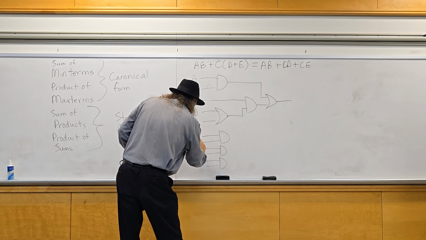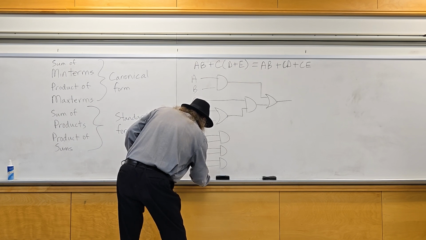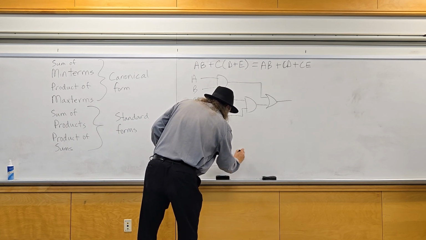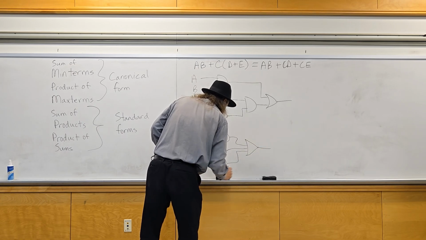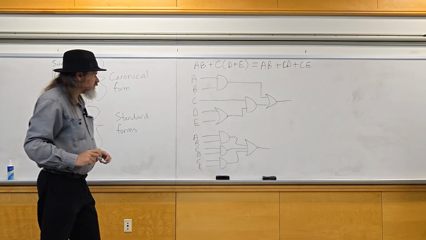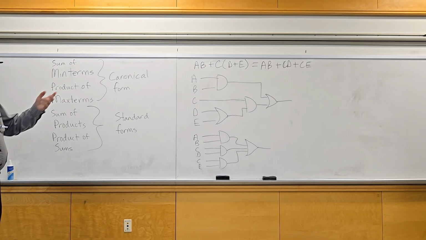A, B, C, D, C, E. But you have a two-level implementation. Oh, I'm sorry, it uses the same number of gates.